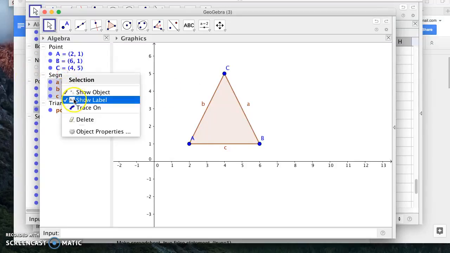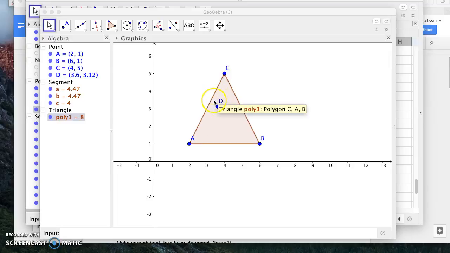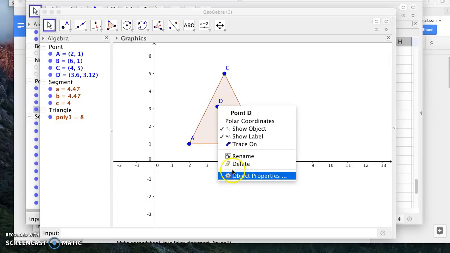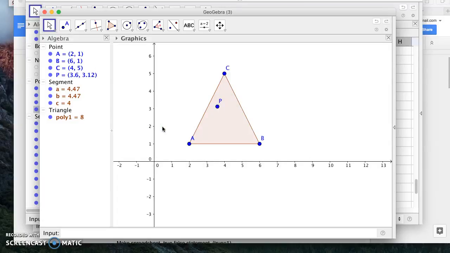And I'm going to get rid of the segment labels so it cleans it up a little bit. And so now I'm going to put a random point P in. So I put in a random point into the triangle, and since the problem calls it P, I am just going to rename point D as point P.